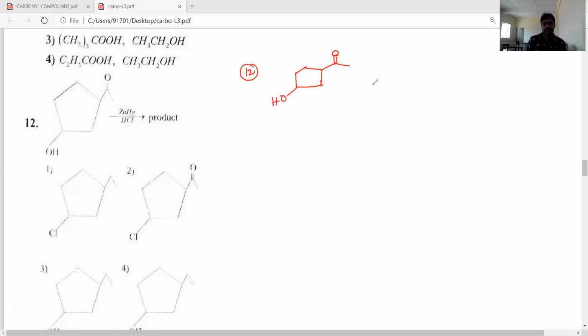In the Clemmensen reduction, the OH group is an acid labile group. Whenever treated with zinc amalgam and HCl, with H plus and Cl minus, the water molecule, OH has lone pair electrons, then it is converted into CH2.